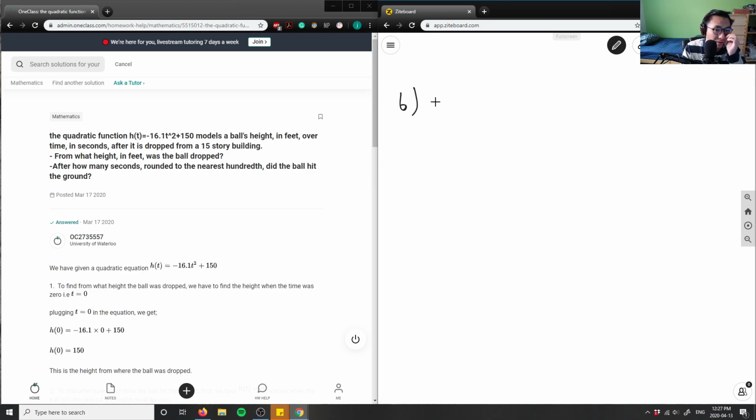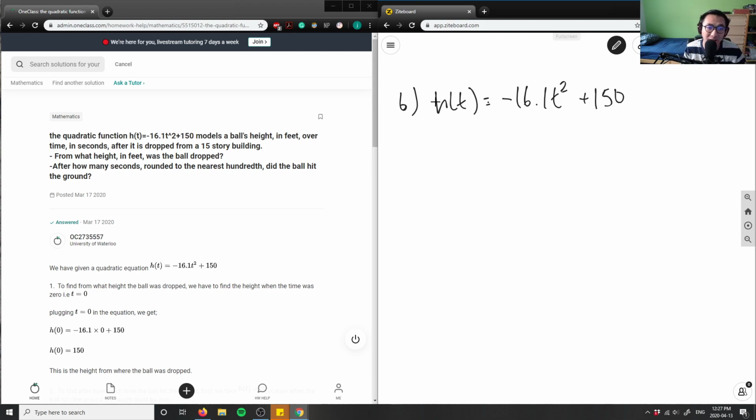From what height in feet was the ball dropped? After how many seconds, rounded to the nearest hundredth, did the ball hit the ground? So the height at a specific time is h of t equals negative 16.1 t squared plus 150, and that's my equation for this problem.